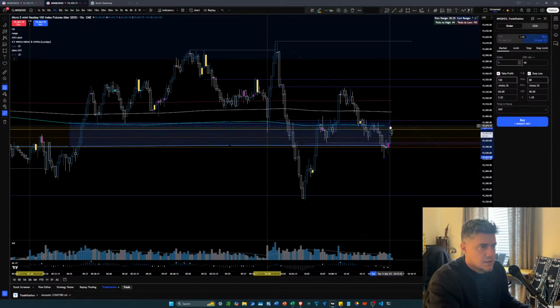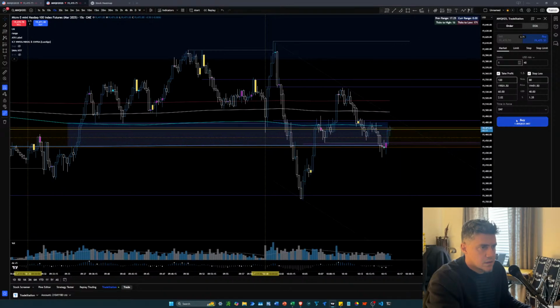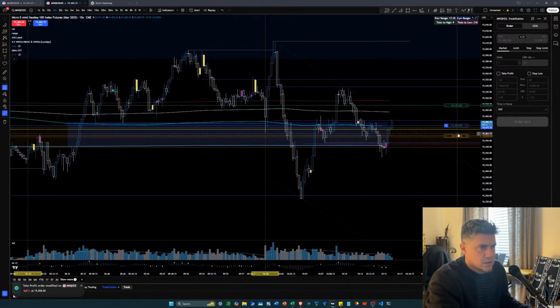50% of this leg, please, and thank you. Oh, I'm playing for the break of that 20 with the volatility. 20 period moving average on the 5-minute. It's going to give it up here.